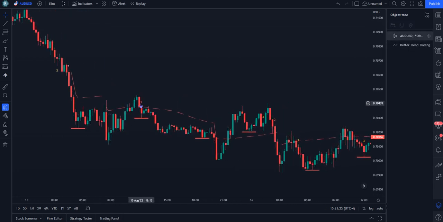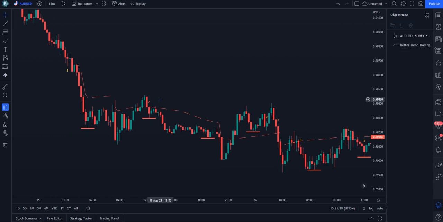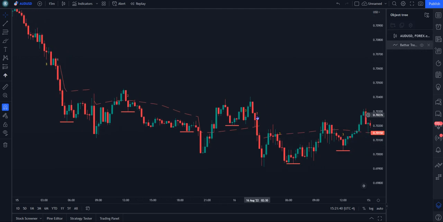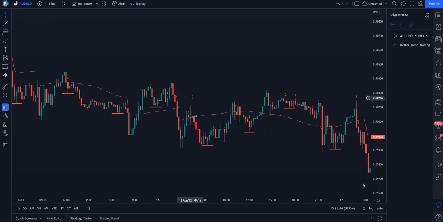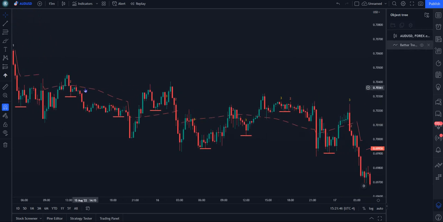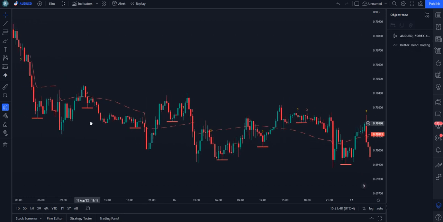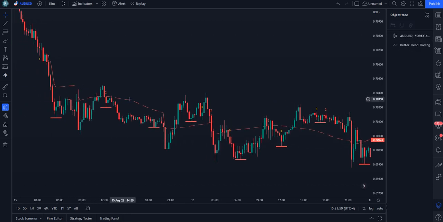Now, when you see a 2, that is identifying a pullback, and that this retracement should soon be over, and we can now start looking for the current trend to continue. So that's what these 2s are signifying, and you'll see them mostly occur above the dotted line. All right, so we can follow this sort of trend line.